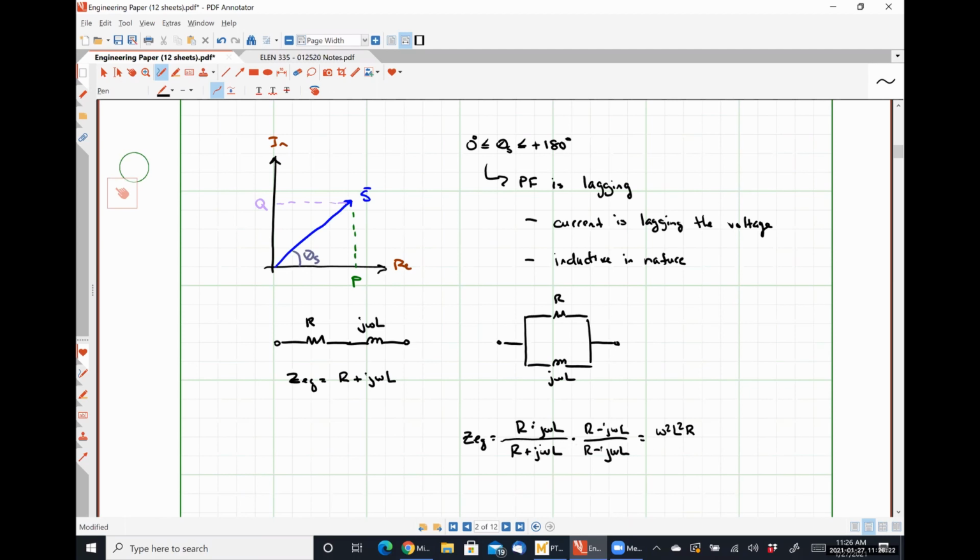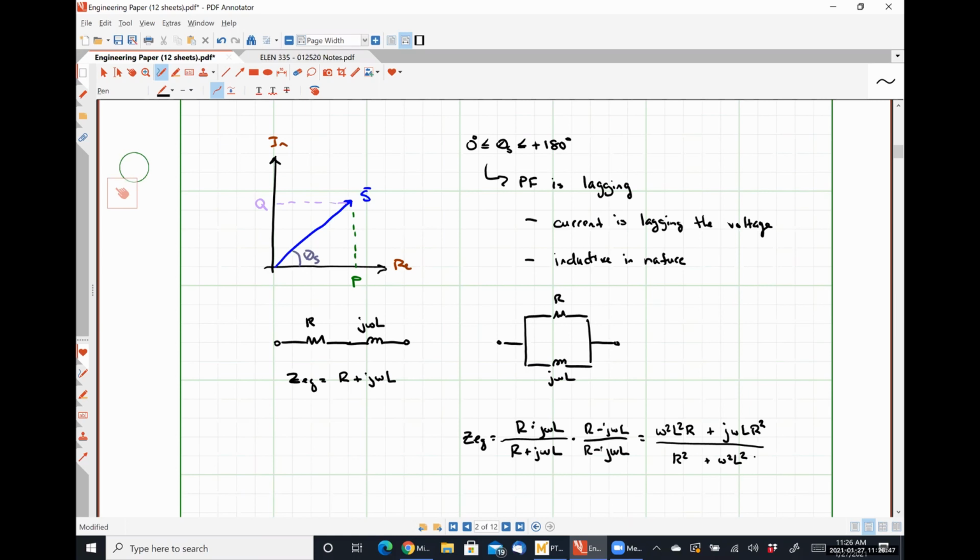Then I multiply j omega L times R times positive R. Divided by R squared plus omega squared L squared.